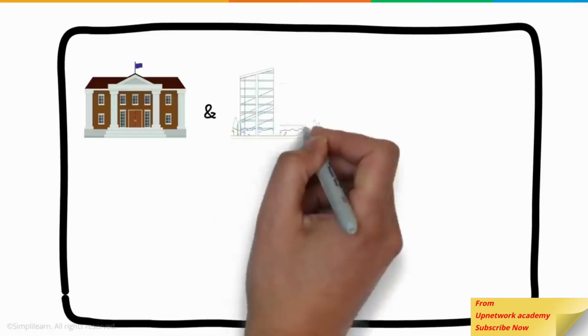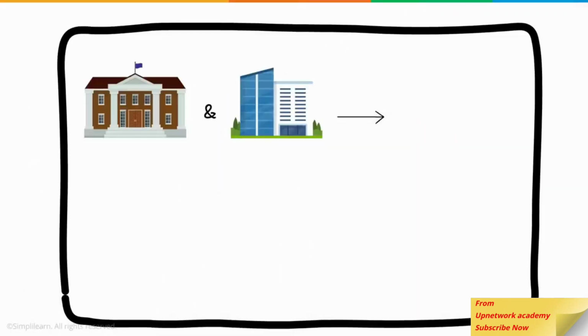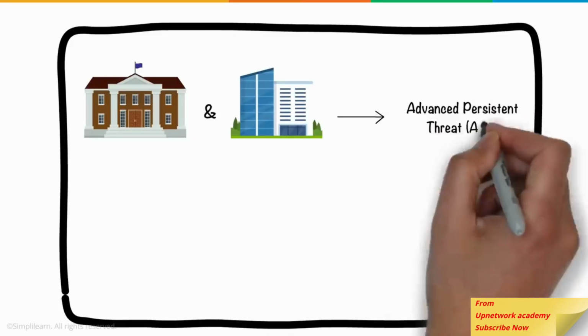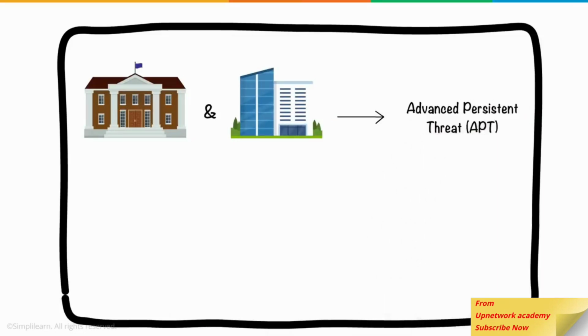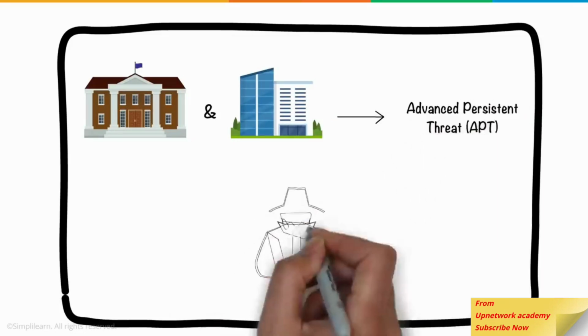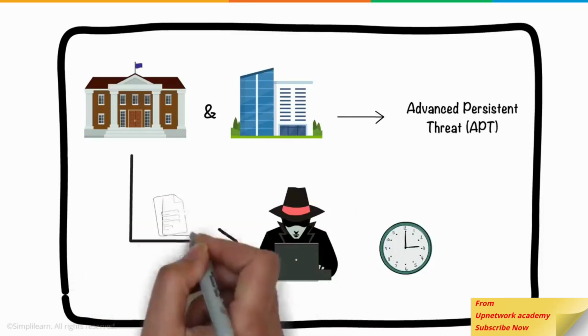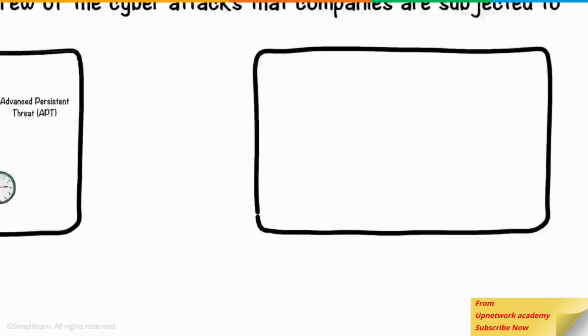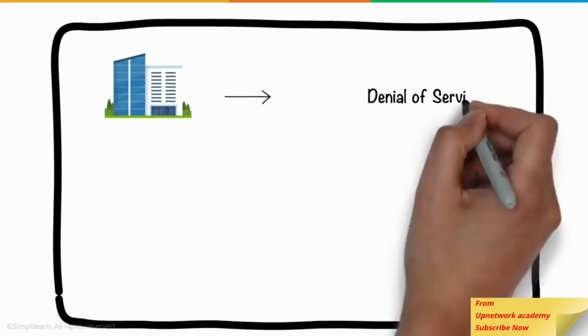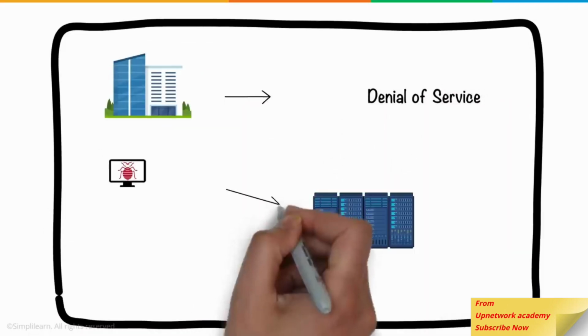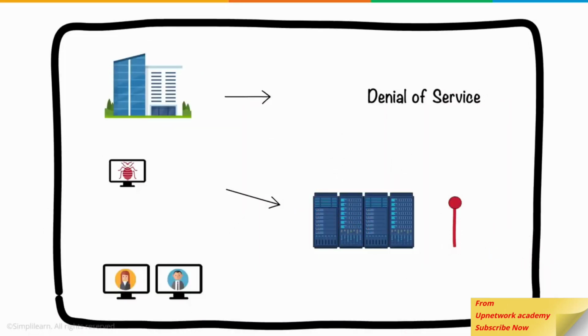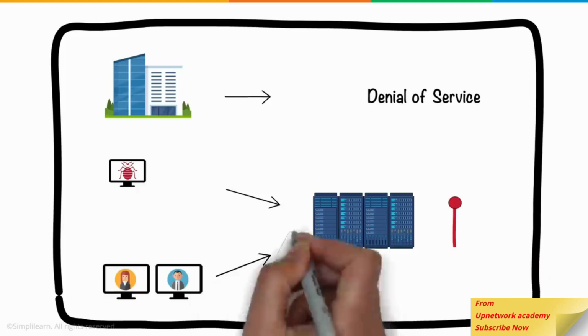Various public sector organizations and large corporations face the Advanced Persistent Threat, APT. In this form of attack, hackers gain access to networks for a prolonged period in order to continuously gain confidential information. Companies also witness the denial of service attack, where networks are flooded with traffic, which in turn leaves legitimate service requests unattended.